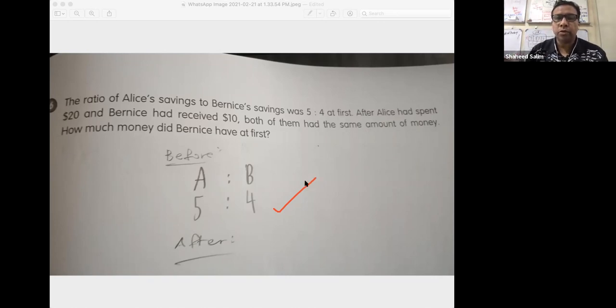You can draw this. If you are not so sure, I can help you draw. So you know at first it's 5:4. So you draw. You can draw also if you want to.